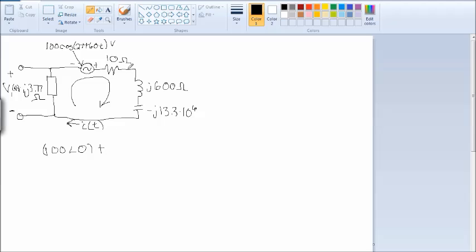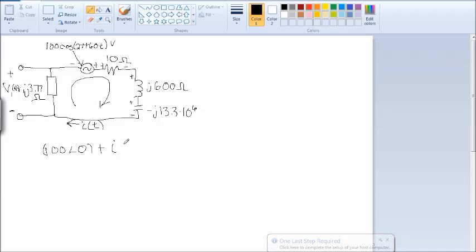Plus our voltage across this resistor, which remember we're going to call plus, minus, plus, minus, plus, minus here. Now our voltage across that resistor is going to be our current times that resistance.